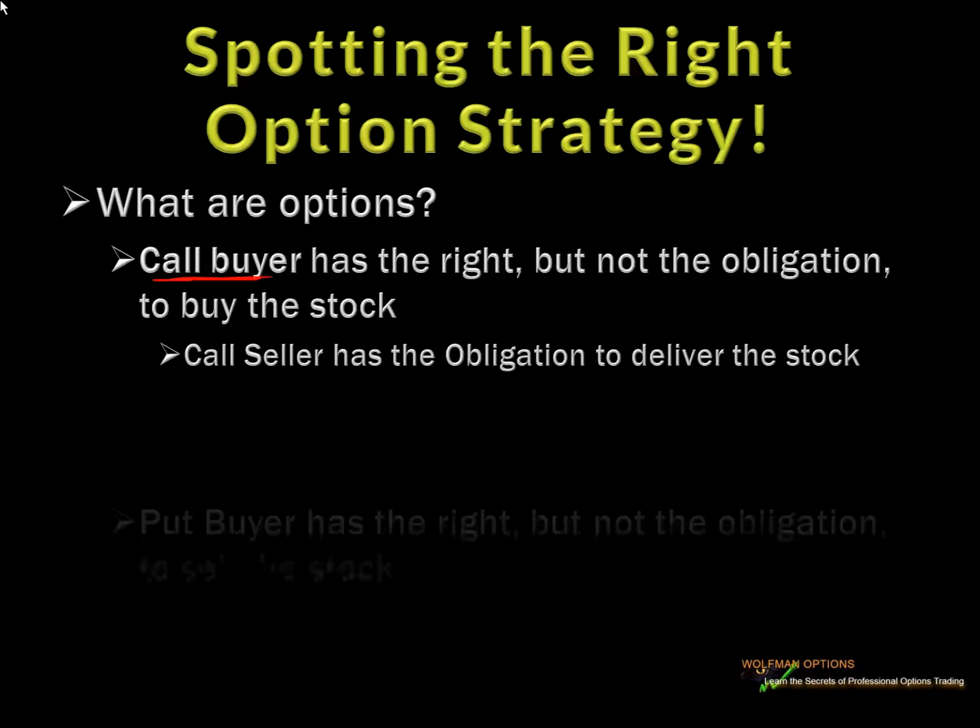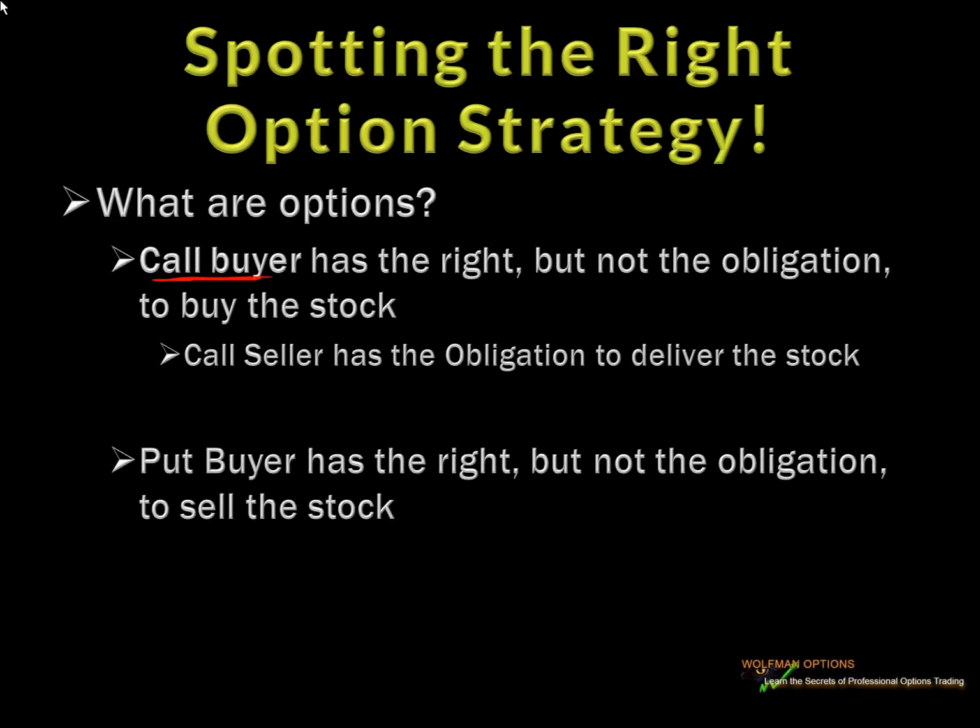And then if you are a put buyer, the buyer of the put has the right, but not the obligation, to sell that stock. So that means I can, if I want to, sell the stock at the strike that I own. Whatever strike you own, that's where you have the right, but not the obligation, to sell that stock whenever you want.